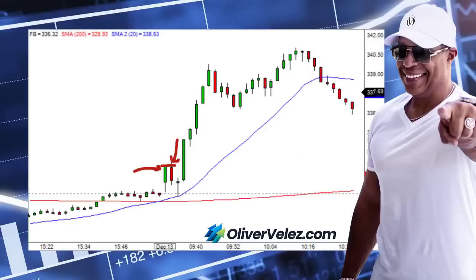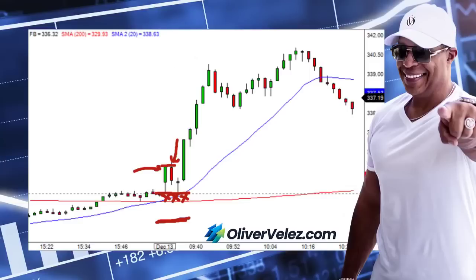Where is your stop supposed to be? You're supposed to have a maximum stop, because if you stop out below the bar, you're stopping out right at your greatest help, right? That's not smart. The 200 is your greatest help. So you must get below that 200 using a maximum loss per trade.